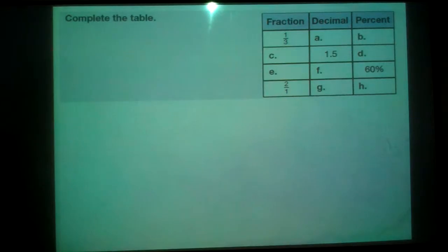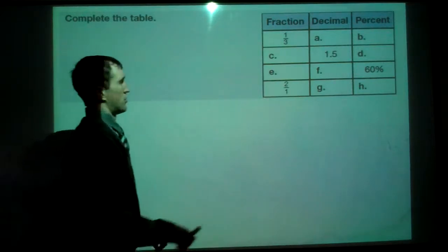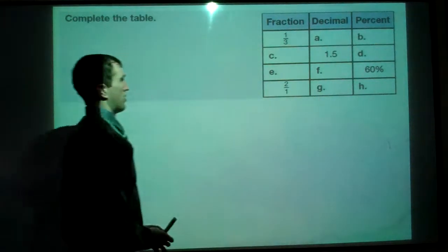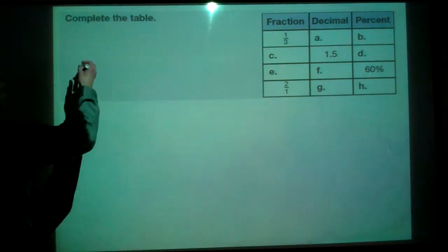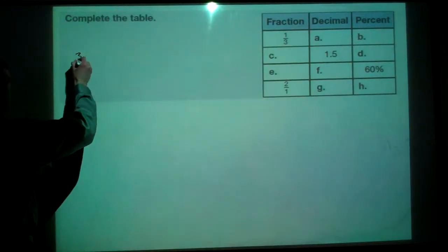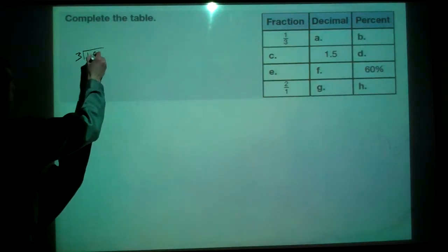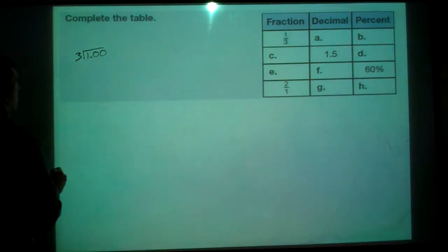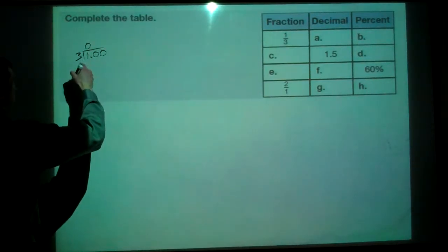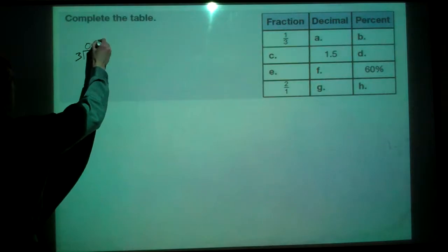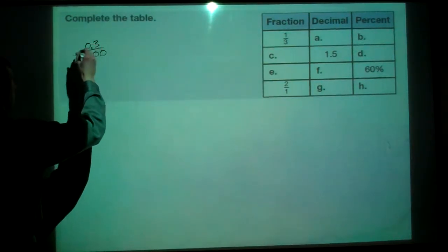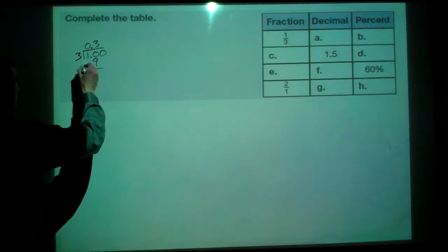Alright, this will be the last one we go over, and then tomorrow we'll go through a bunch more examples together. So first thing we want to do, let's turn that 1/3 into a decimal, and then into a percent. So decimal, we do 1 divided by 3. 3 goes into 1 0 times. 3 goes into 10 3 times. We get our decimal there. 3 times 3 is 9.